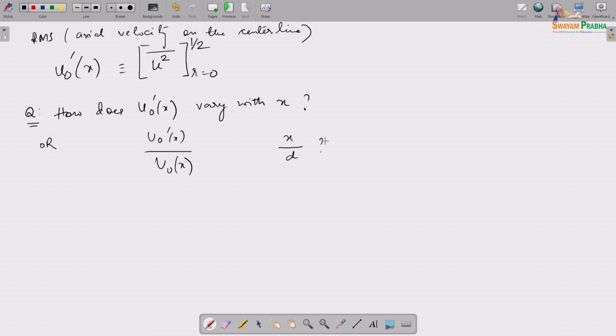So, we take the RMS of the axial velocity on the central line, and we are calling that u naught dash x. So, how does this vary with x, or if I take a ratio with the central line velocity, how does it vary with x by d? That is what we are trying to see. Okay.